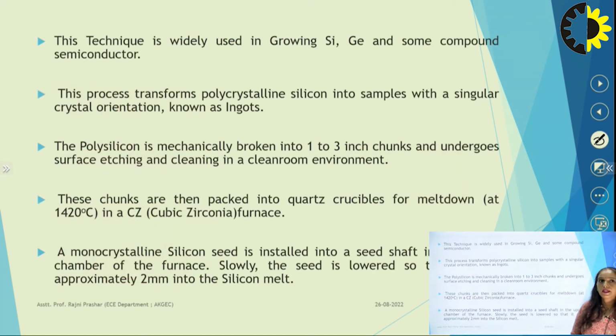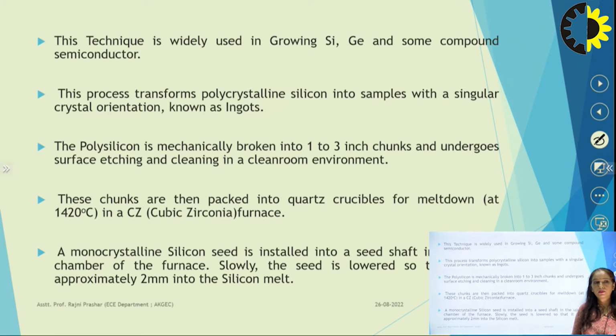So this technique is widely used in growing silicon, germanium and some other compounds in semiconductors. This process transforms the polycrystalline silicon into samples with a single crystal orientation, which are known as ingots.